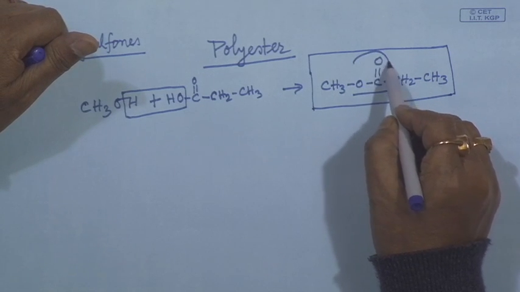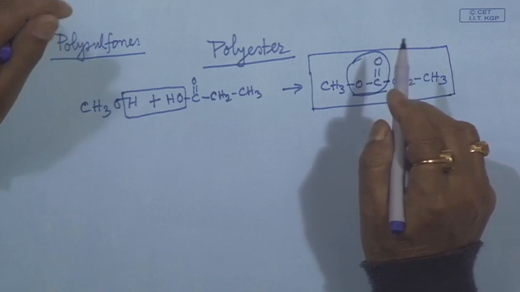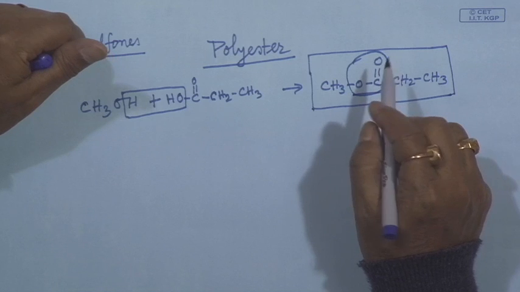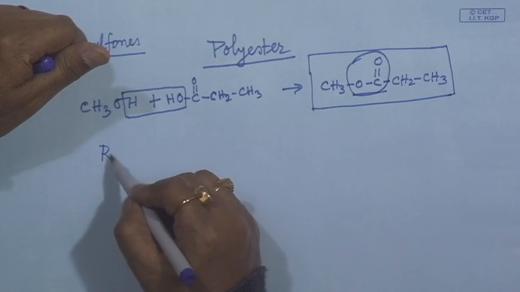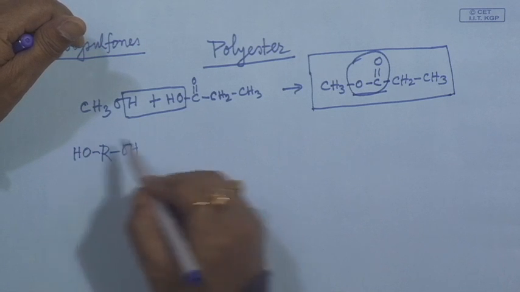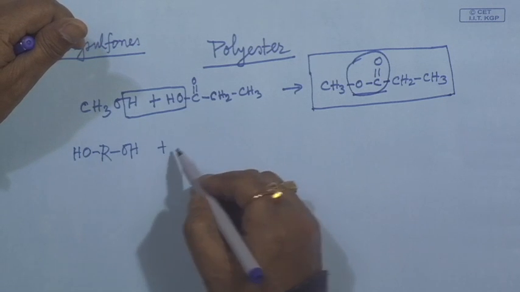Now, this principle of esterification has been extended to synthesize polyester by reacting a diol having two alcohol groups with a diacid.